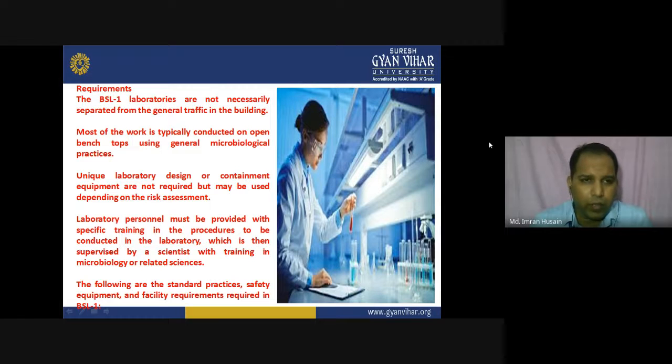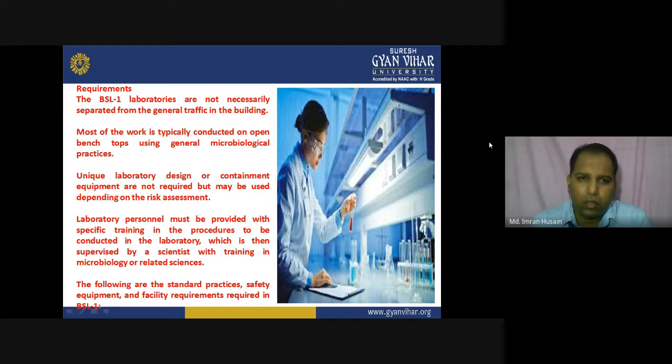So, what are the requirements? The BSL-1 laboratories are not necessarily separated from the general traffic in the building. Most of the time they are situated in college or university campuses and are not separated from the main building, because these buildings have classrooms and other facilities nearby. The whole story is that no separation is required for such facilities.